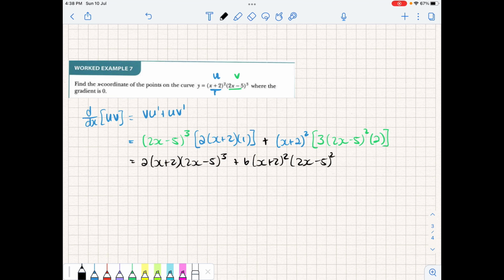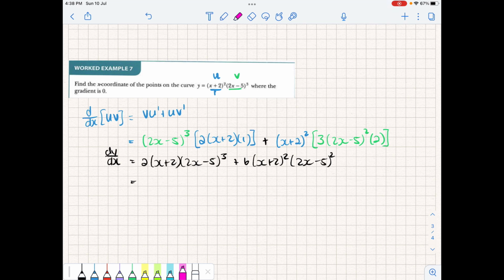Now I need to find the x-coordinates when the gradient is 0. So I've just found something that's called the gradient function, dy by dx. And I need to set this equal to 0. And when I do that, I'm going to have to solve by factorizing.